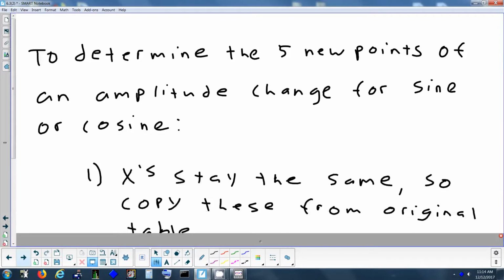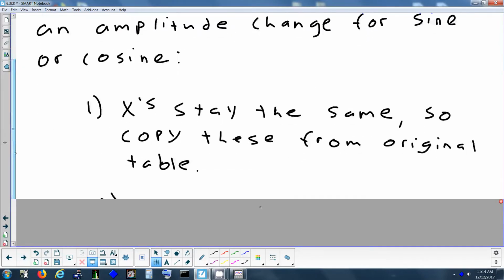Okay, the y's. What are the numbers that are in the y column? There's only three numbers, whether you're talking about sine or cosine, that are in the column. The max, min, and the middle. And what are those? The limits of the. Well, the actual numbers, like 5, 6, and 7.